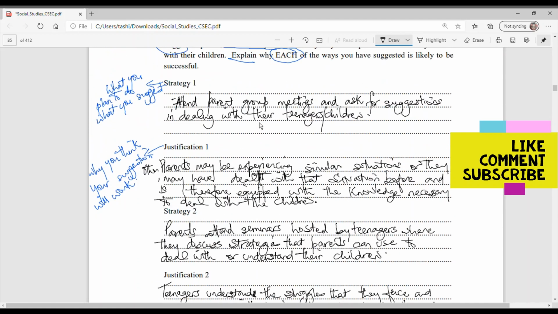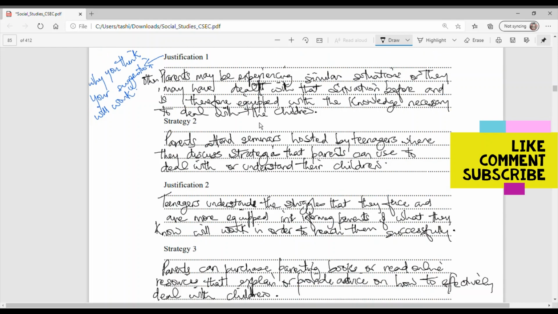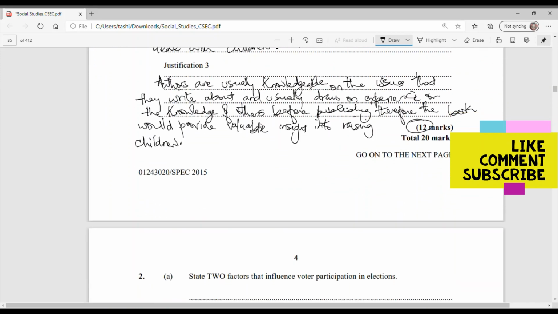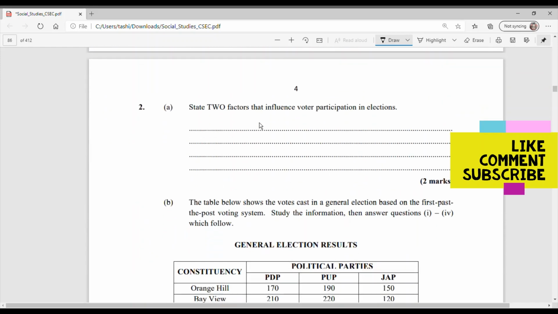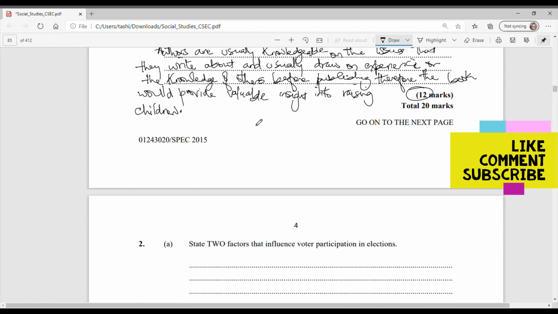So we would have written down the strategy, which is what we suggest that they do to solve the problem. And then for the justification, we would have written down why we think that our suggestion would work. Alright, so that ends the family section of this paper. The next section would have been on government.